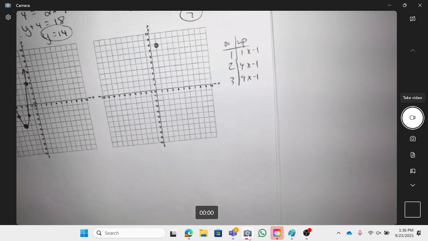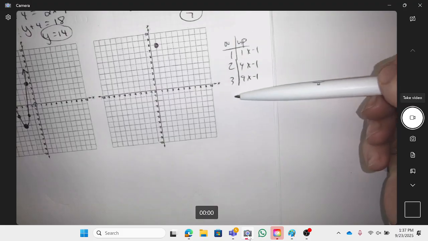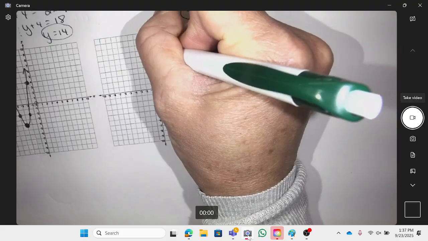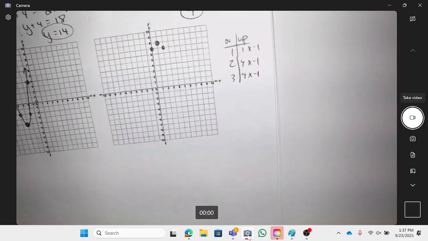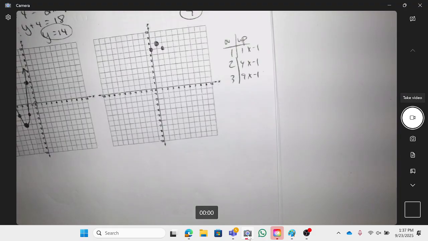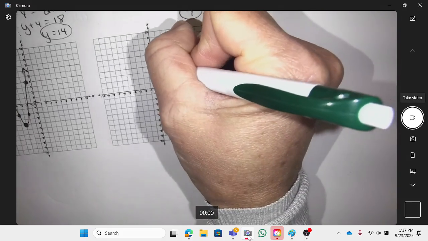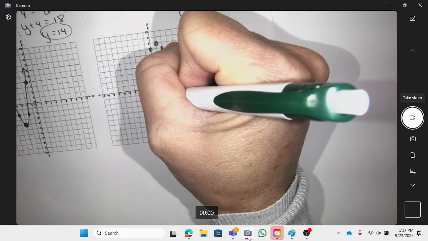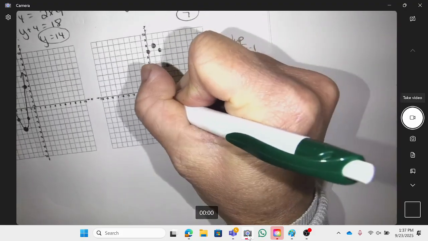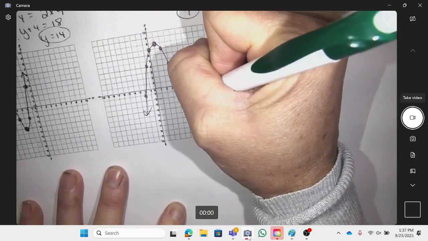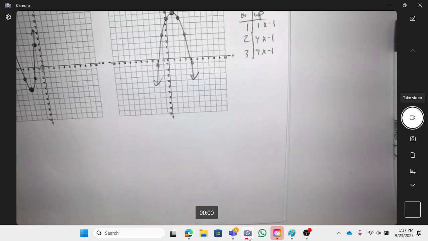And here's my vertex. And we talked about the arm pattern multiplier. So what does this look like? Over 1, down 1. Okay, you can see the flip, normal arms but flipped.